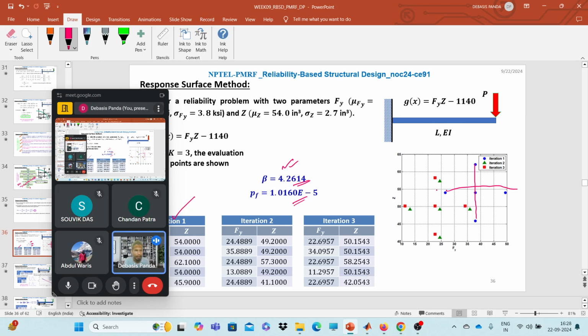Then in iteration 2 we have these four support points along with the mean, that means a total of 5. And after the third iteration we actually converge to our value. So these are the three iterations we used to converge this response surface to the actual limit state that we have provided. Now you can check different kinds of problems.